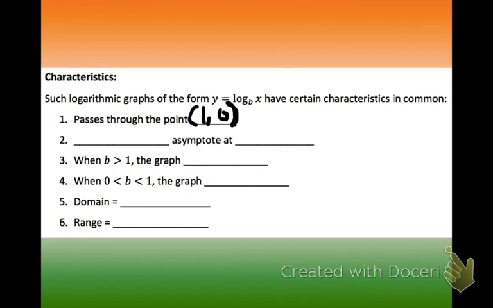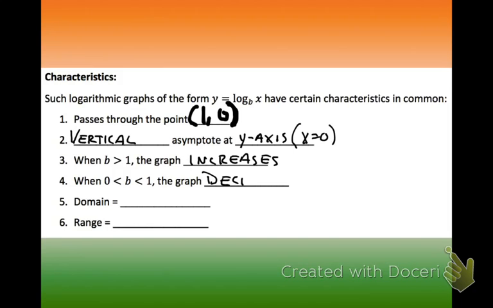There's going to be a vertical asymptote at the y-axis, which is x equals 0. When b is greater than 1, the graph is going to be increasing. And when b is between 0 and 1, the graph is going to decrease.